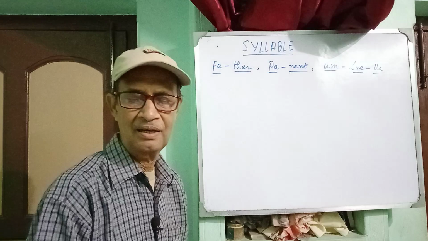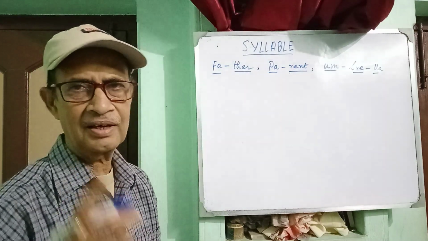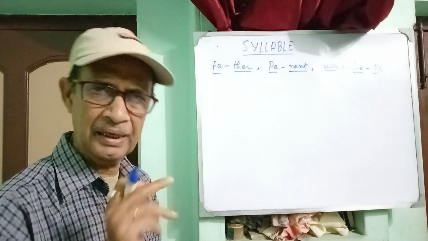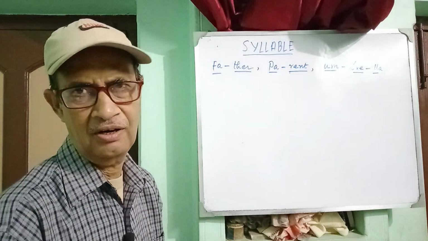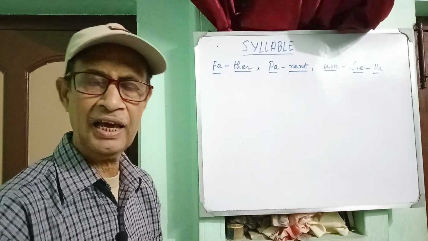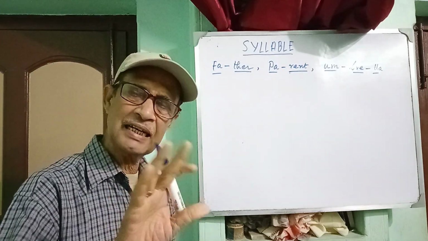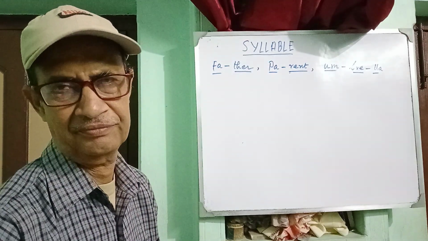But how can we pronounce each word? Because each word has a specific stress or accent on it, on any vowel sound. But it has some grammatical rules that is called phonetic.